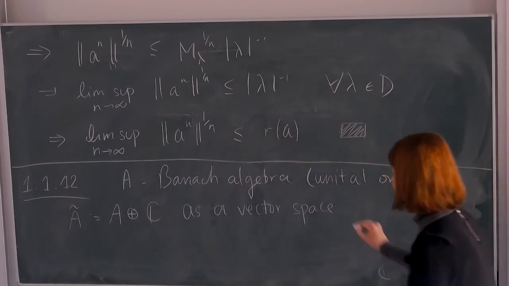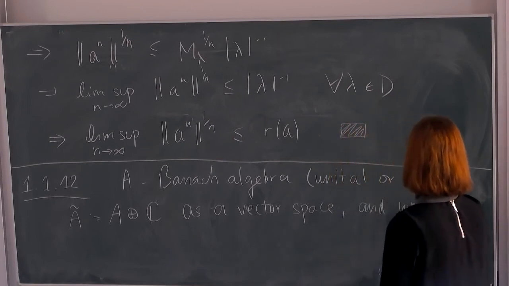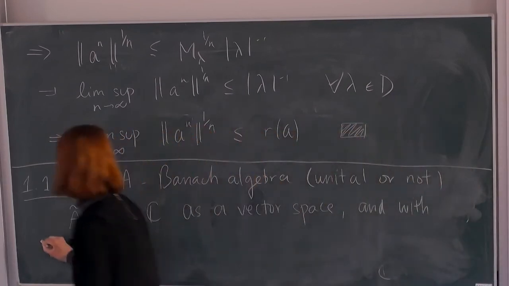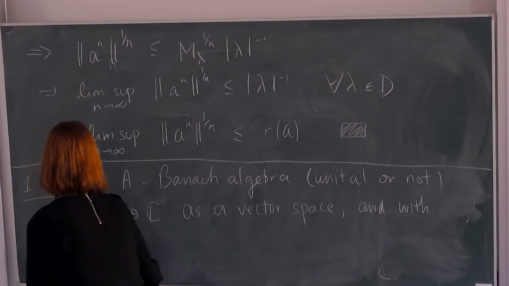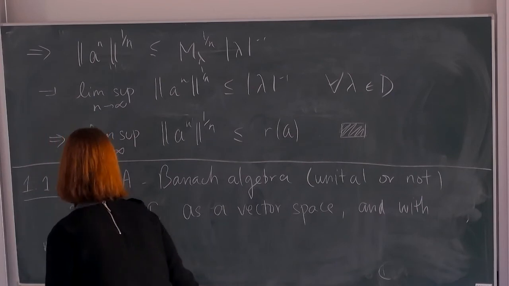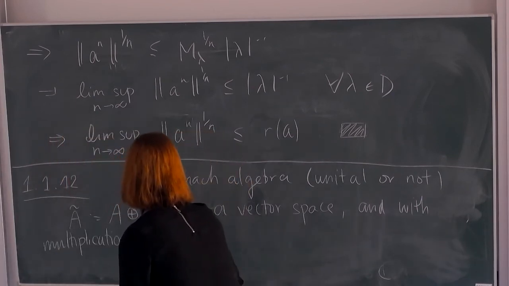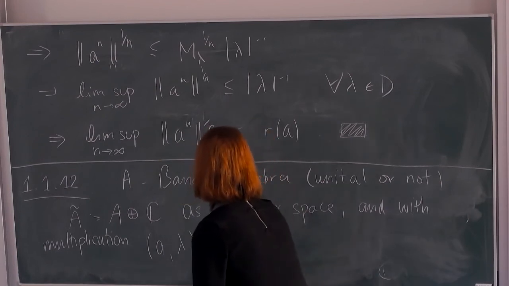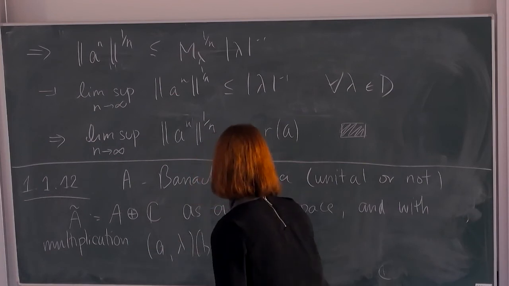And with multiplication, so we have an element (a, lambda), and we want to multiply it by (b, mu), and it should land in here.